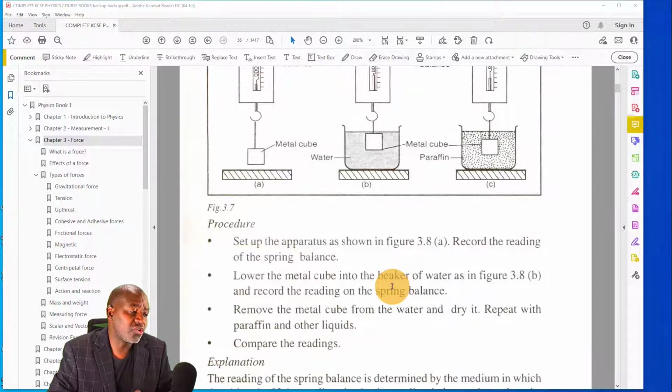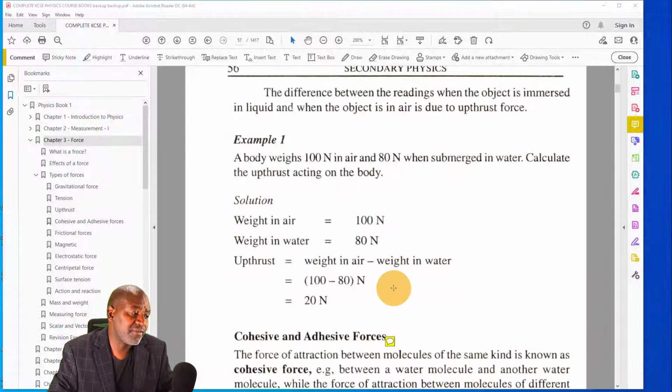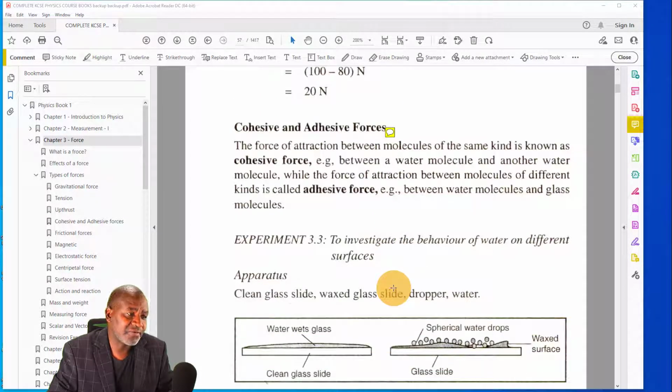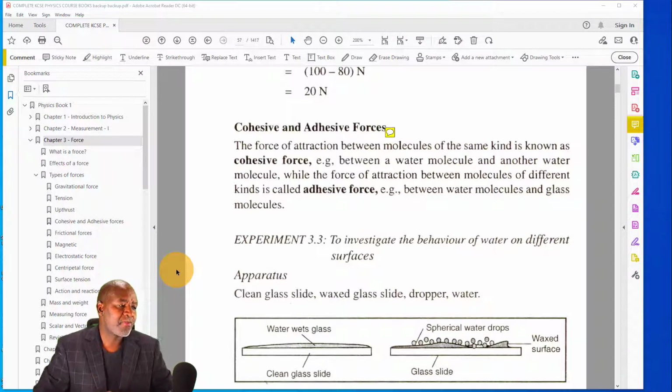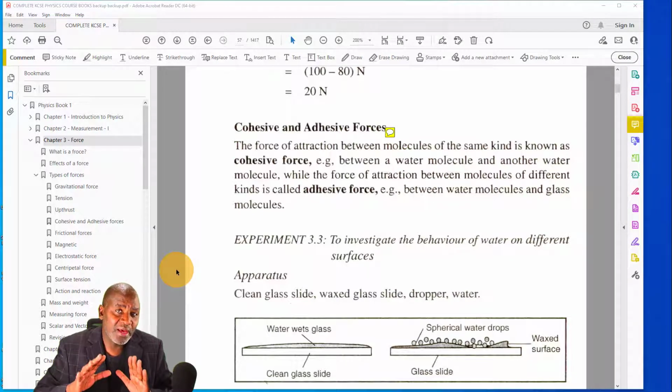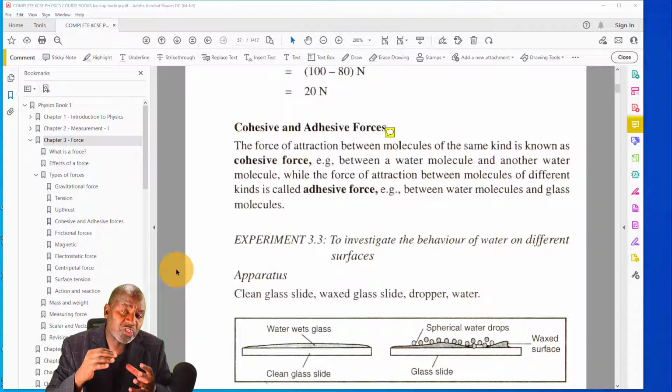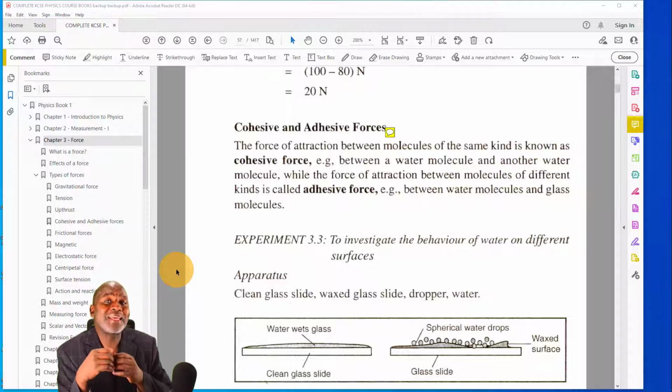However, let's go straight to cohesive and adhesive forces. Again, in the same course book, I'd like you to read on cohesive and adhesive forces because it is clearly written there. The forces of attraction between molecules of the same kind, they are what we are referring to as cohesive forces, while the forces of attraction between molecules of different kinds are what we are referring to as adhesive forces.